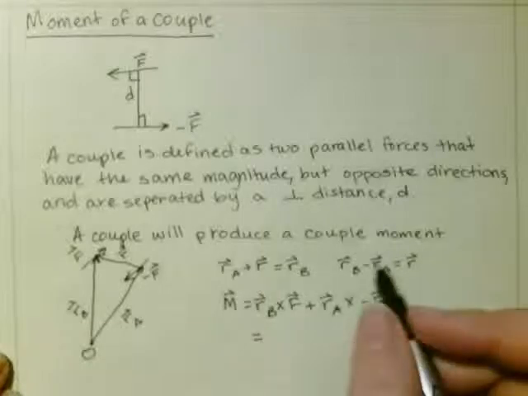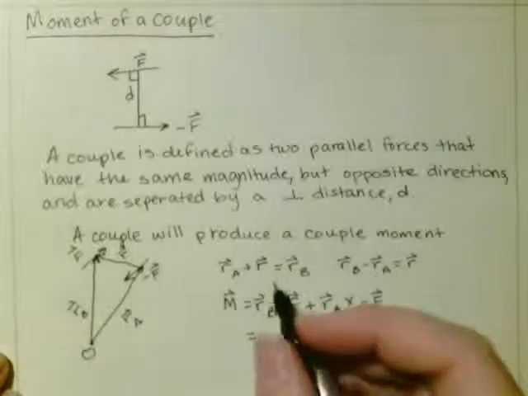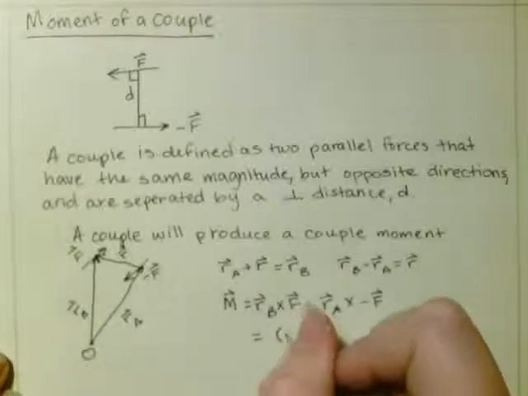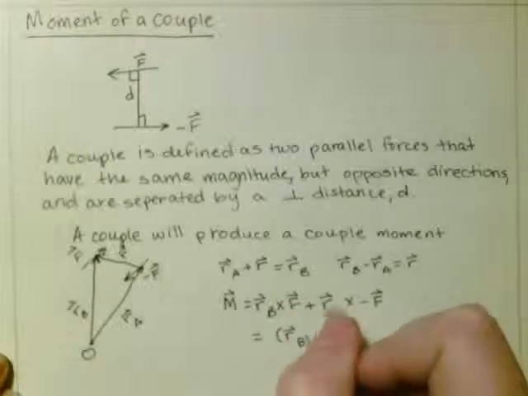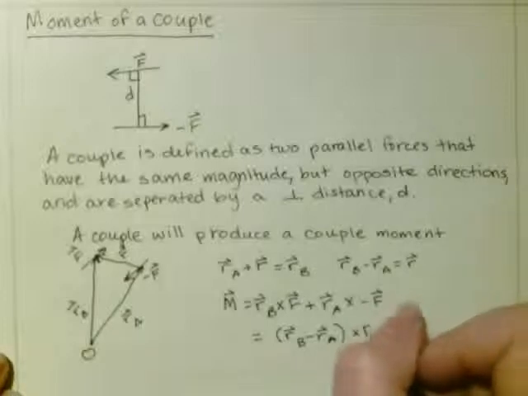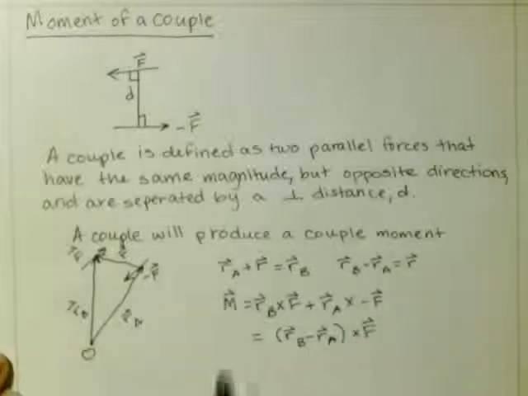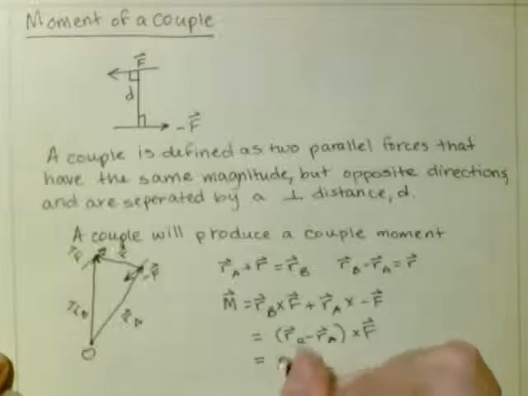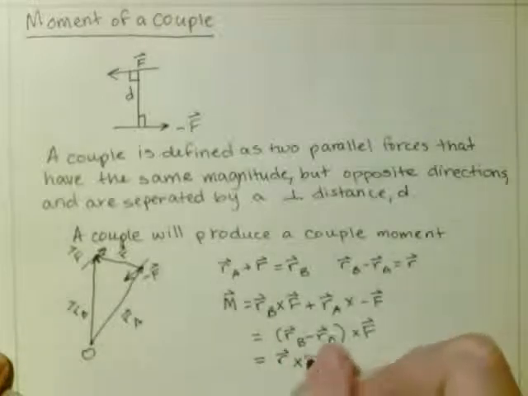And then we could combine RB and RA using the distributive law. So RB minus RA cross F. And we know that RB minus RA is equal to R. So we just get R cross F.